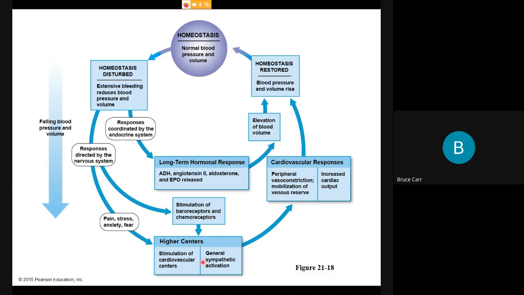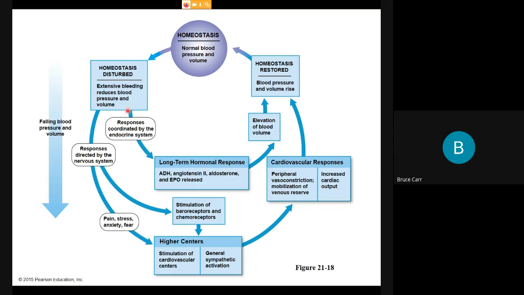That's going to stimulate this cardiovascular sympathetic complex, and here's what it produces: peripheral vasoconstriction, mobilization of the venous reserve, and increased cardiac output. Those are all short-term. They can happen in a matter of minutes, and they all point toward rising blood pressure.